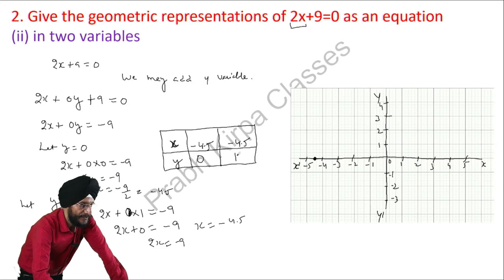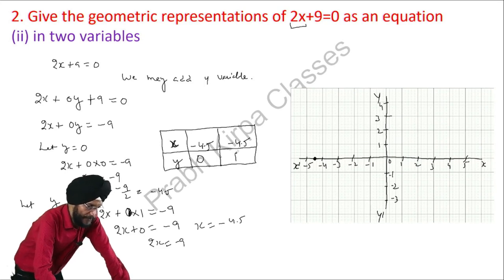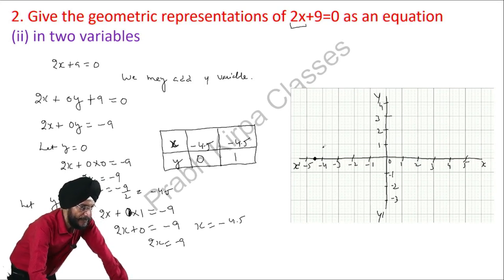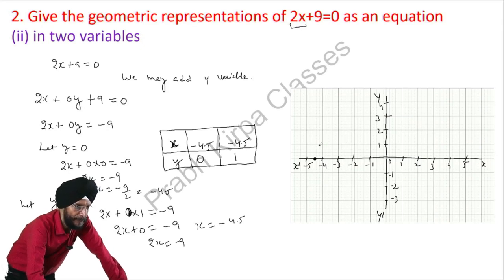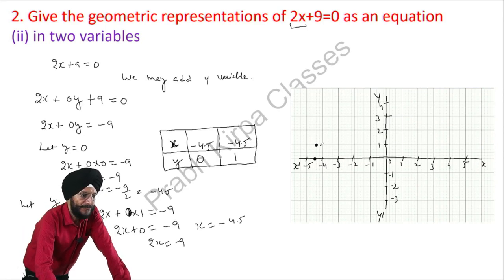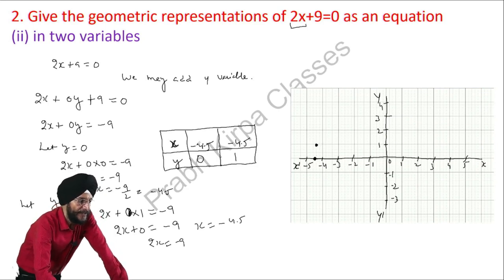Then the next is the value of y is 1 and x is minus 4.5. X is minus 4.5, the value of y is 1. So somewhere here the point comes, where x and y fulfill this situation.